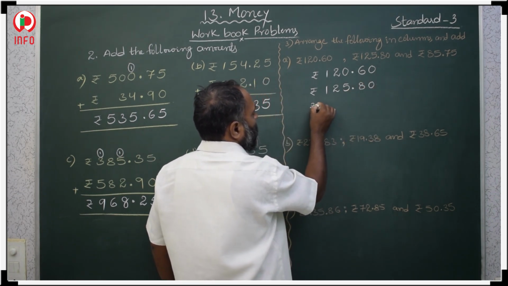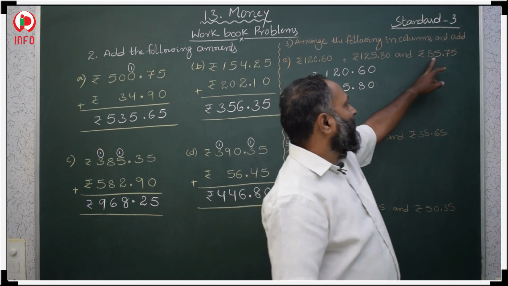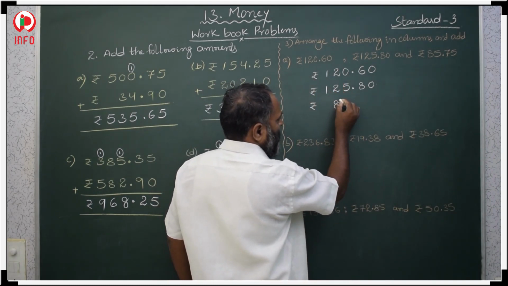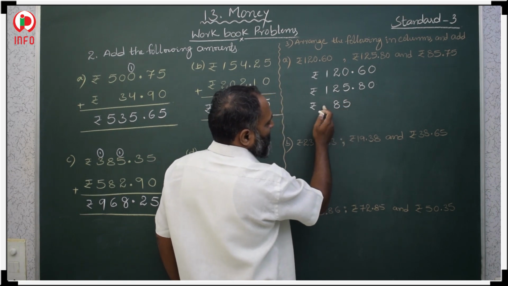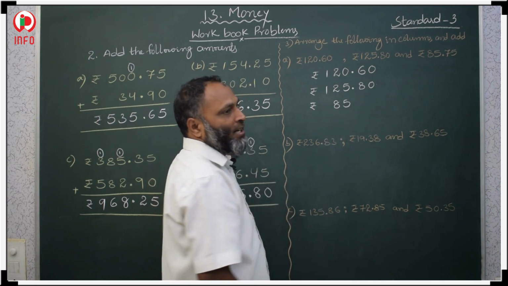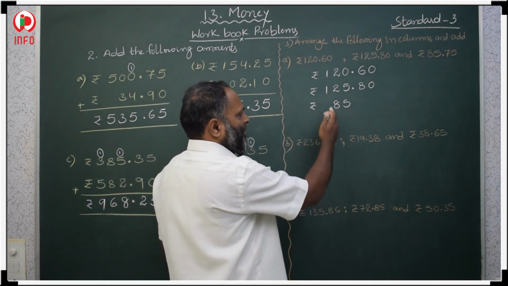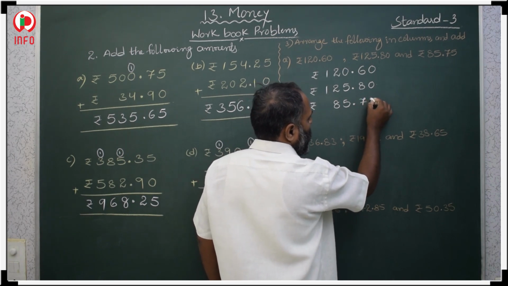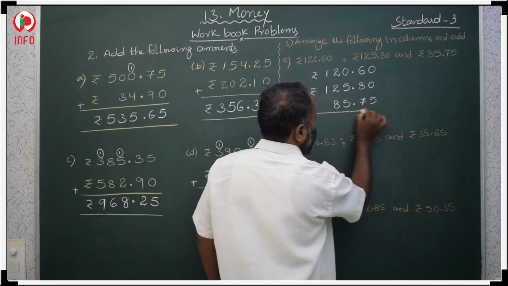Then after that, 85 rupees 75 paisa. 85 rupees means we start from the tens place. Don't start from the hundreds place. Only two digits are there in rupees, so start from the tens digit. Tens and ones. And 75 paisa. Now add.